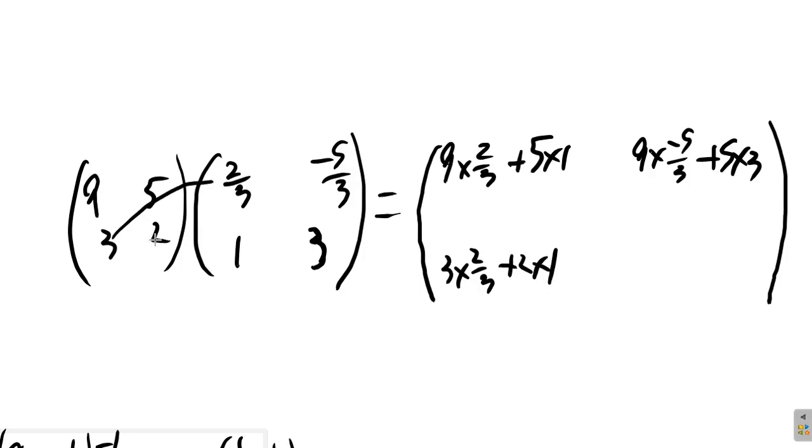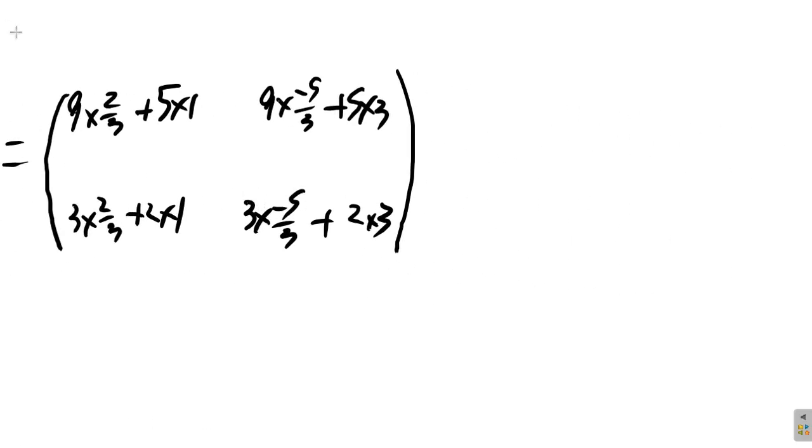So you have first by first plus second by second, right? This is row 1, column 2. You get it from row 1 by column 2. This is row 2, column 1. It comes from row 2 by column 1. And then this here now is going to be in row 2, column 2. You get it from multiplying row 2 by column 2. So it's first by first plus second by second, right? So it's 3 times negative 5 third plus 2 times 3.